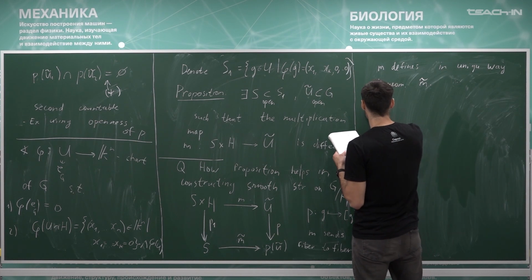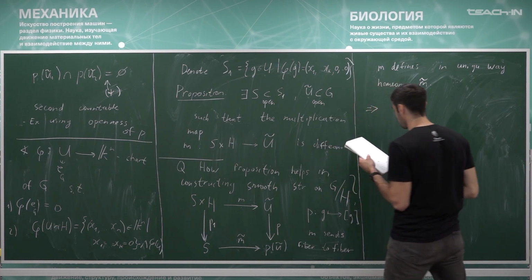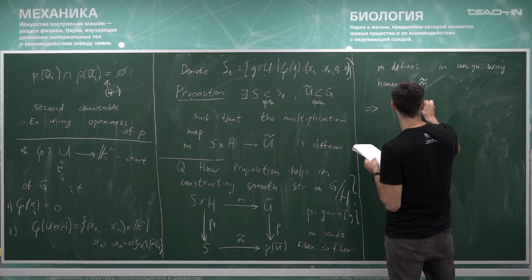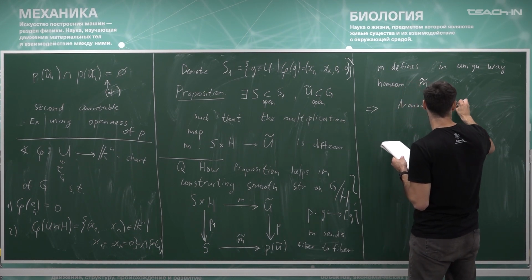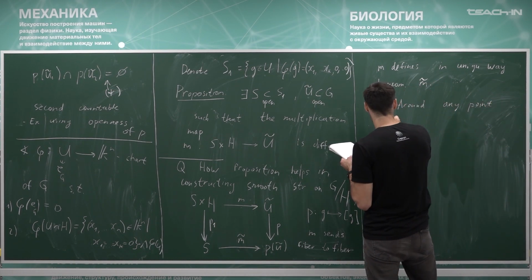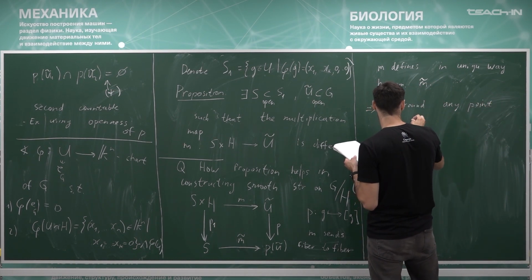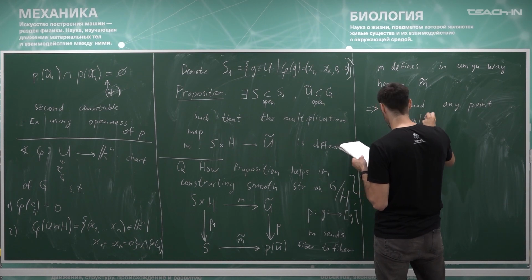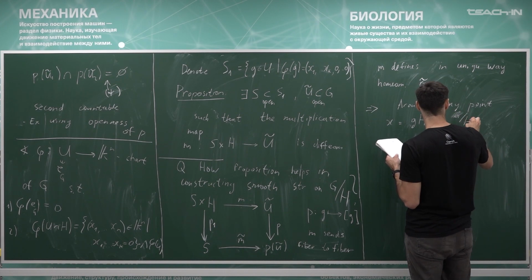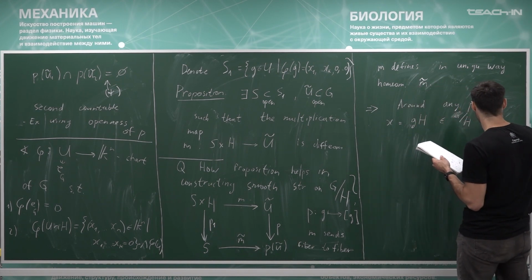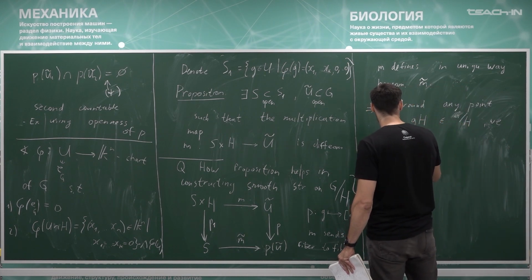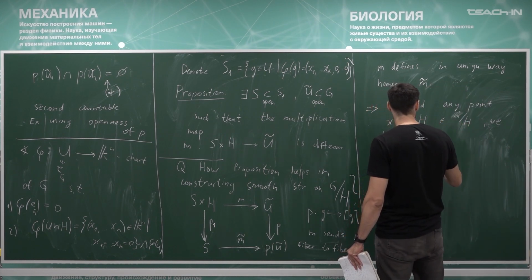So we make the following construction. Around any point X, which is some class gH in G quotient by H, we have an open neighborhood.